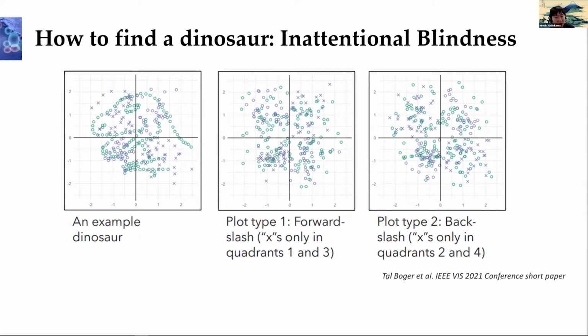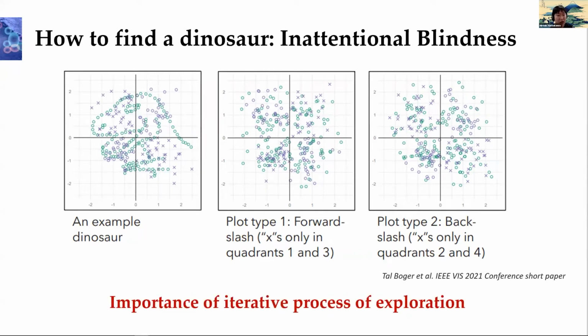So this study is an interesting demonstration of inattentional blindness. This is a phenomenon where, when we focus on one feature, we do not notice another feature, even if it's obvious. The lesson learned from this study is that data visualizations are not seen in a single glance, and instead require an active process of exploration.